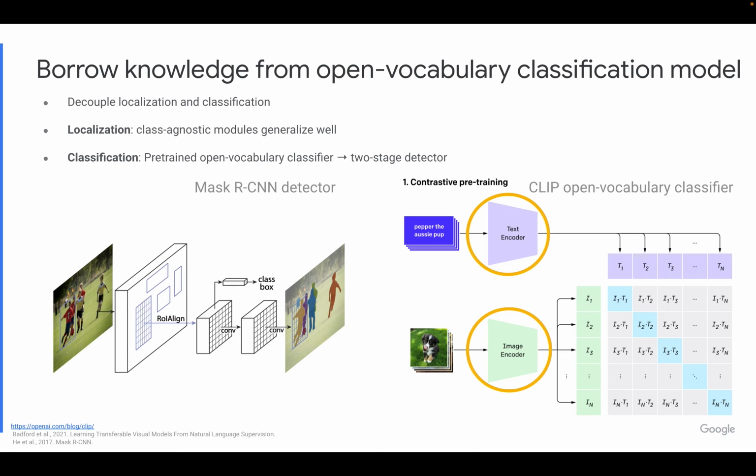For classification, we distill the knowledge from a pre-trained open vocabulary classifier into a two-stage detector. In our experiments, we used the Mask R-CNN standard detector. And we mainly use OpenAI's CLIP model, as mentioned before. And note the two yellow circles here. We leverage these pre-trained text and image encoders in the ViLD training.